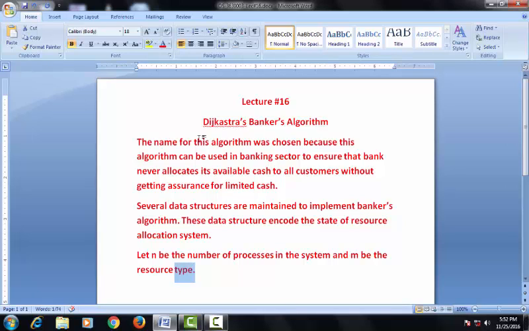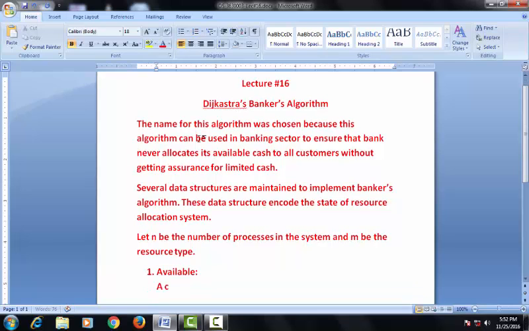Suppose printing is one type of resource, we can have instances of one printer, right? So if we denote the printer as P, then we can have resource instances P1, P2, P3, and so on. Printer 1, printer 2, printer 3, right? The first data structure which we require is Available.